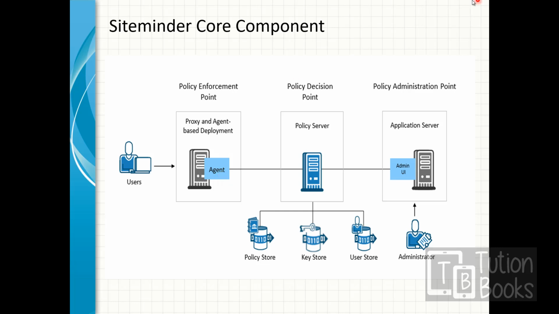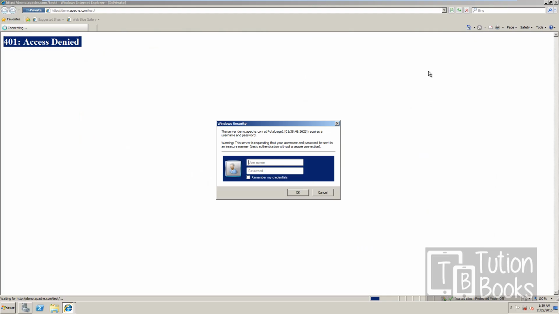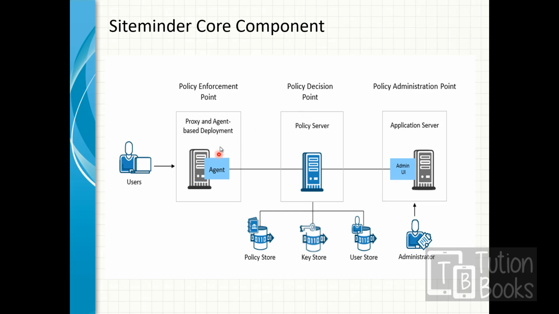In this case, we get the basic user authentication page. So it enforces my policy: it asks the policy server whether the resource is protected, and finds out that the request is protected by Siteminder, so it sends me the login page. This web server with the web agent is called my policy enforcement point.